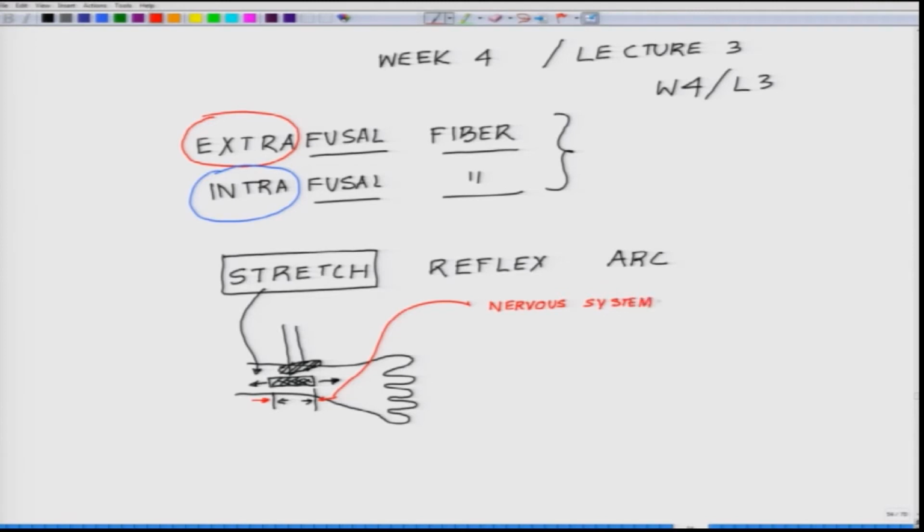And when we open up this problem, we open it up at different levels. So the first level is, we are now entering the domain at the interface of nerve and muscle: the stretch reflex arc, which is a reflex circuit, one of the most primitive circuits.